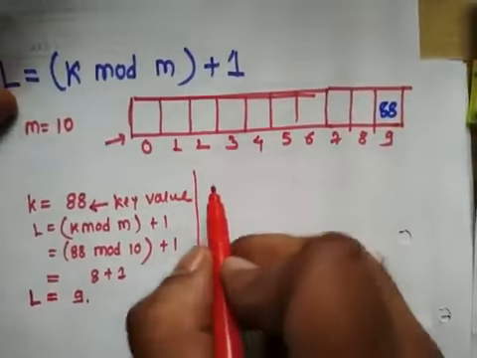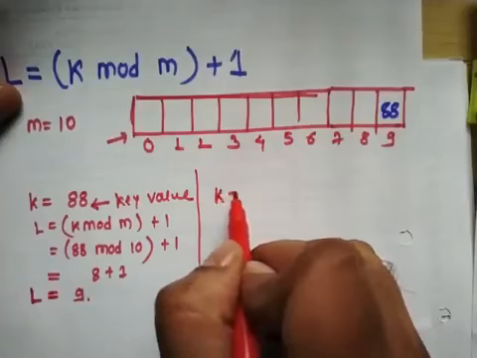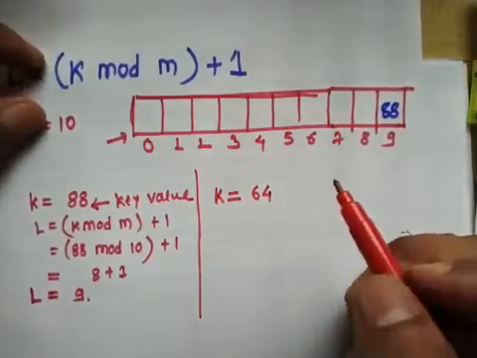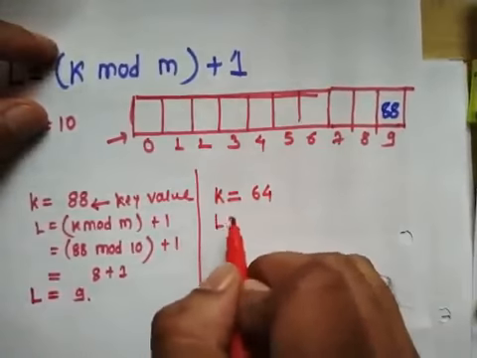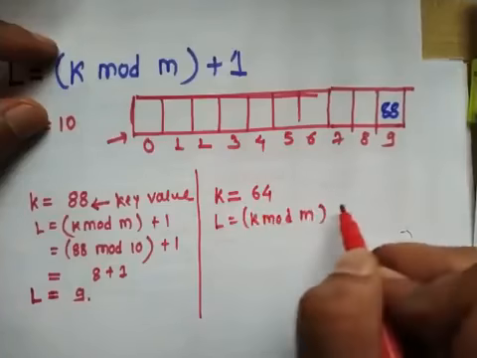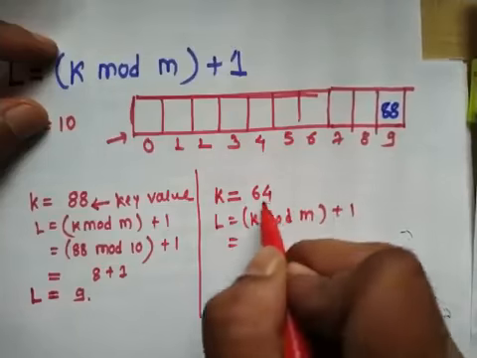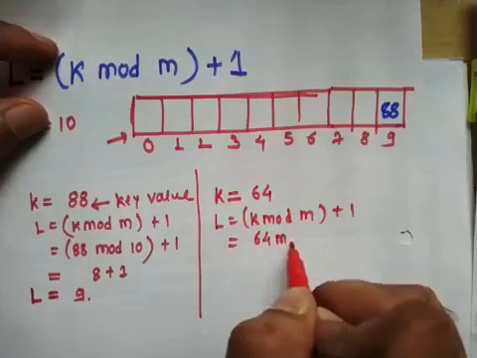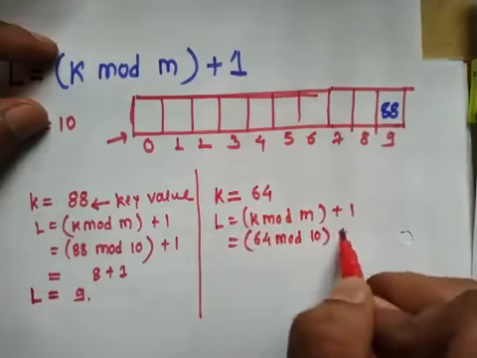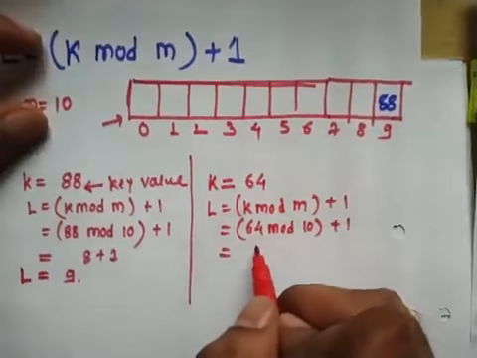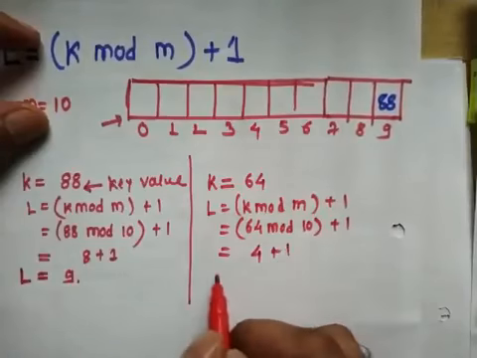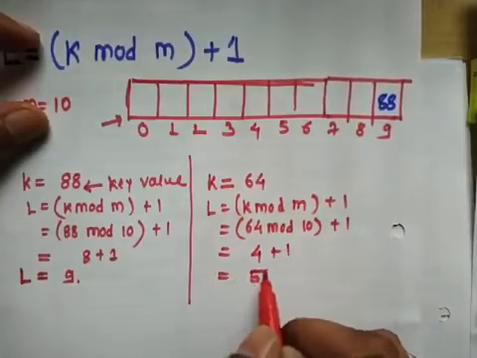Now let's take another example, key value K is equal to 64. Now we are going to store 64. So L is equal to K mod M plus 1. What is 64 mod M? M is 10, plus 1. So this is equal to 4 plus 1, so we get index location 5.